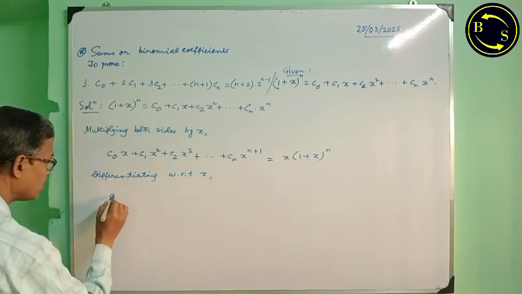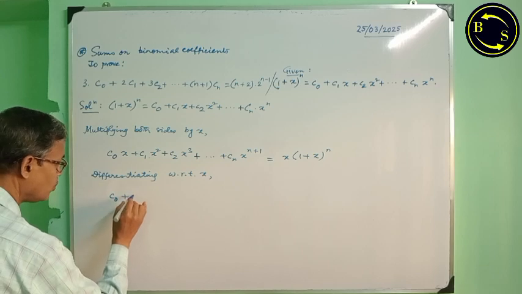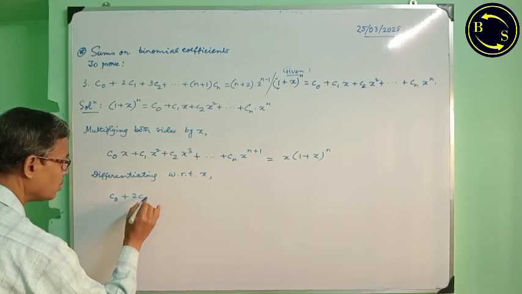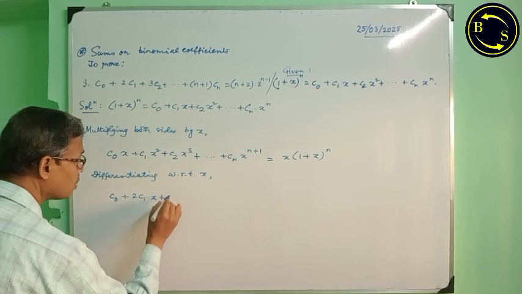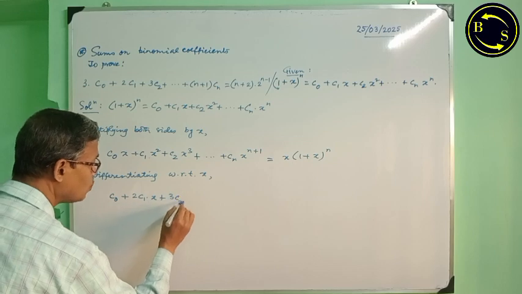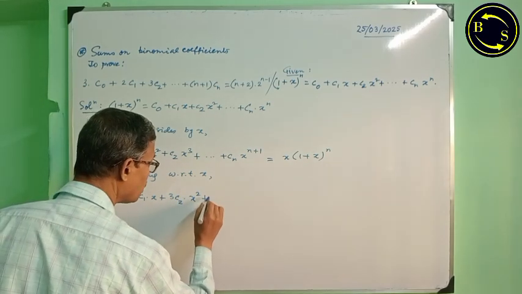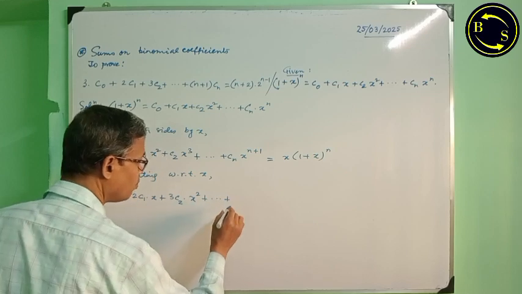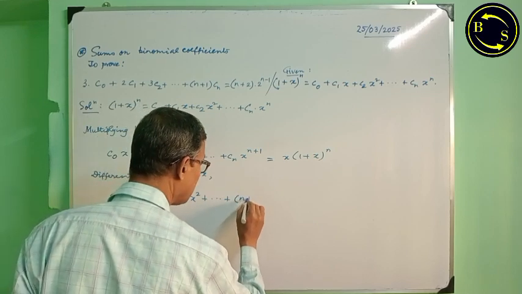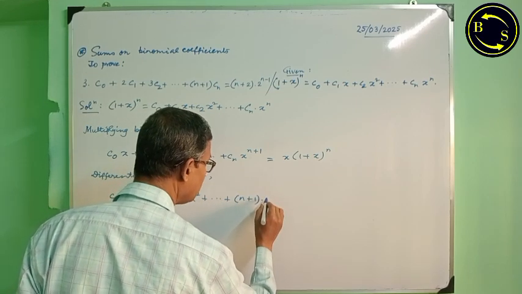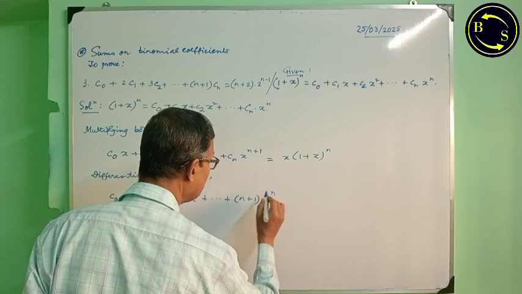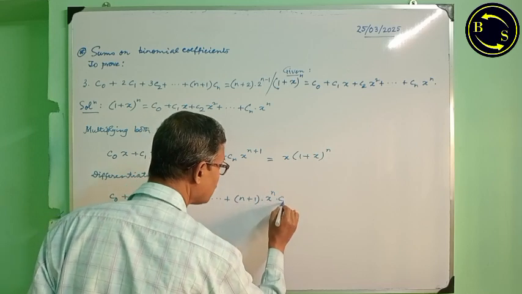It will be C0, 2 C1 x, 3 C2 x square plus dot dot dot plus (n plus 1) x to the power n into Cn.